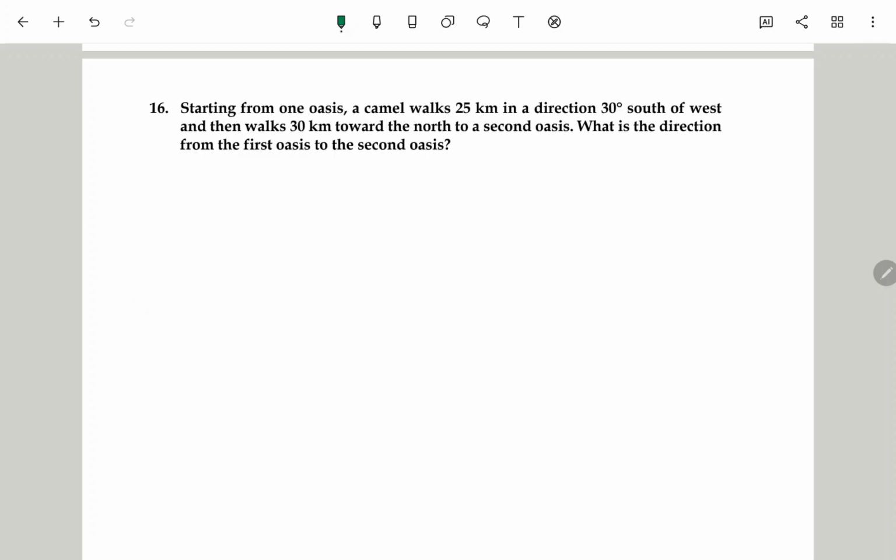Now same question, but in this case we are trying to find the direction from the first axis to the second axis. In this case, D, as we found before, is equal to minus 21.6 i hat plus 17.5 j hat.